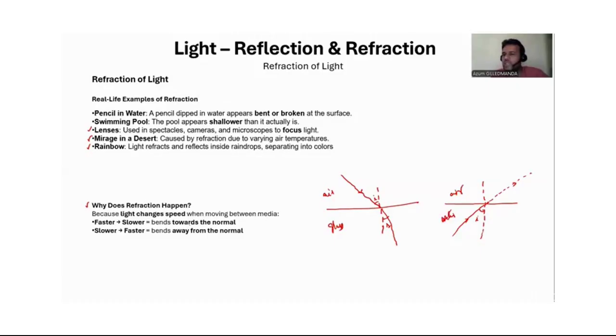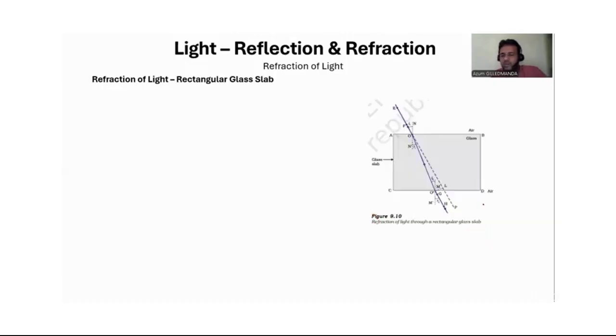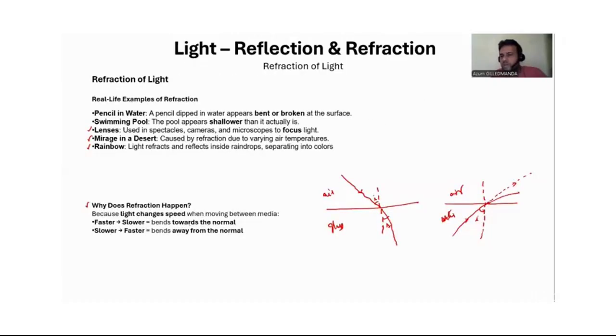So it moves away from the normal. Hold on, guys. Away means it goes like this. This is our angle of refraction. You understand? From a rarer medium to a denser medium, it bends towards the normal. When it goes in the opposite direction, from a denser medium to a rarer medium, it moves away from the normal. Okay? That's about refraction, guys.